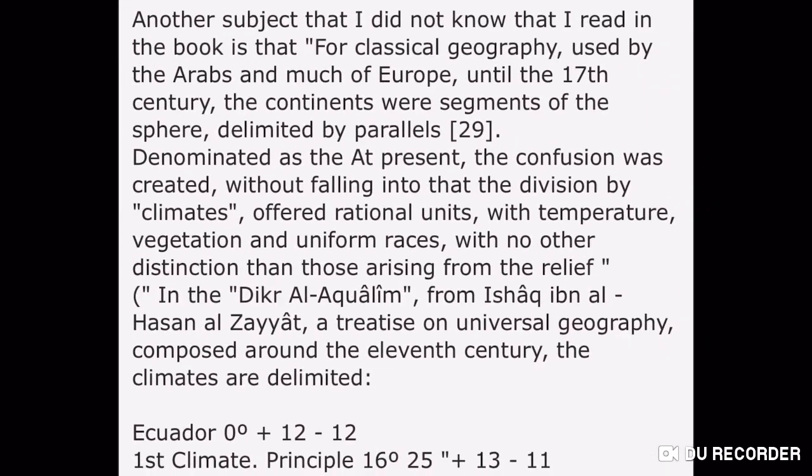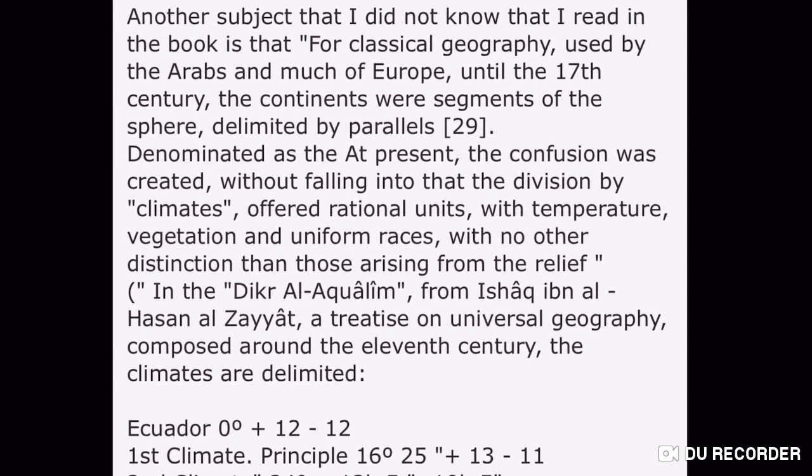If you look at, I forget the name of that map, but the map that the UN used, it gives you a better example of why the ancients looked at the world as one entire world broken down in quadrants through latitude lines. And they say it's denominated as at present.